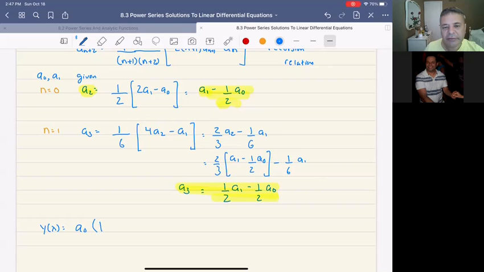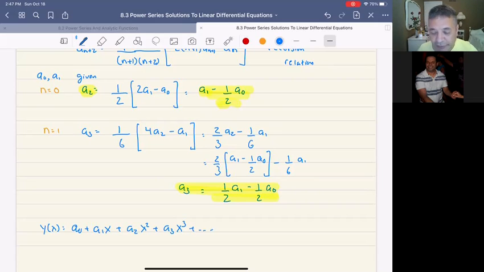Let me actually write it out first, and then I'll show you guys. Next one, I'll start playing the games. So a0 plus a1x plus a2x squared plus a3x cubed. And I could keep going, but I'm not.